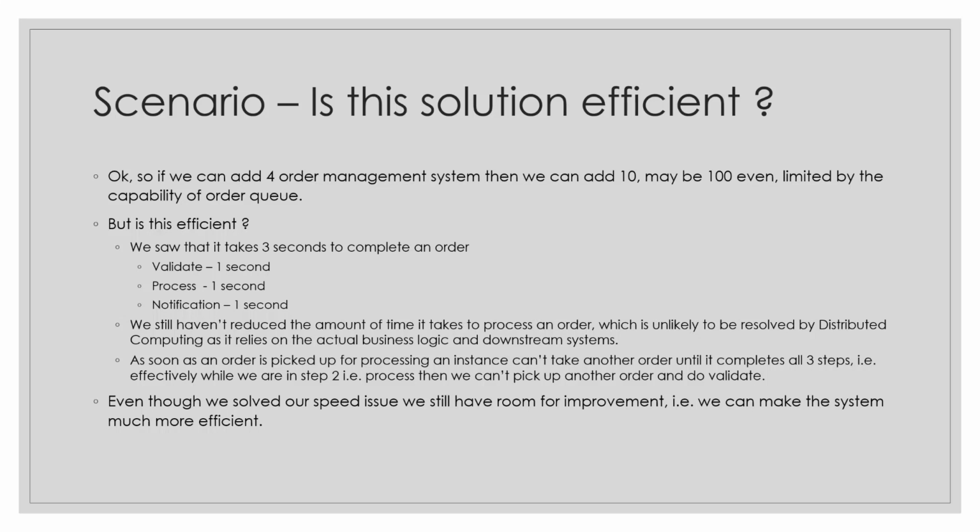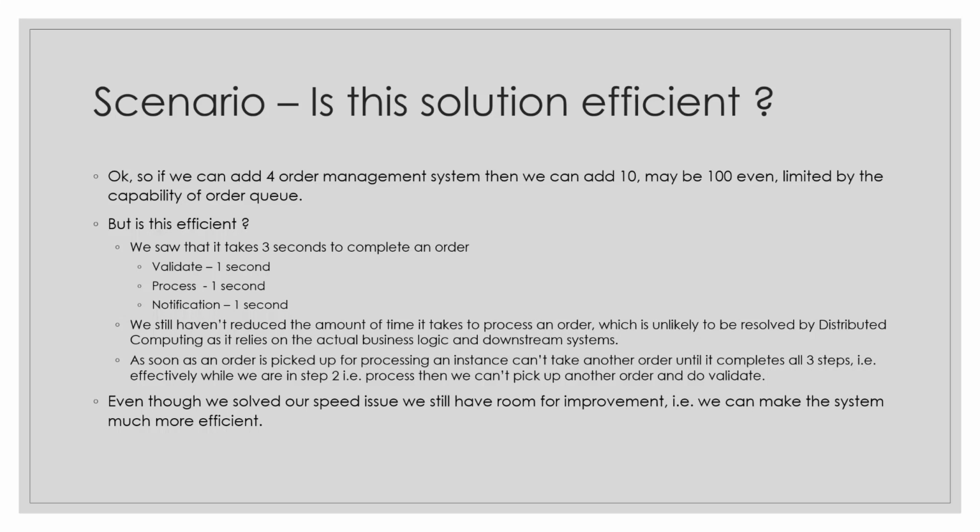even though we increased the speed, even though we parallelized the process, our order management system can still only do one order, and when it starts the order, it has to go through all three steps to complete it before it is ready to pick up the next order.